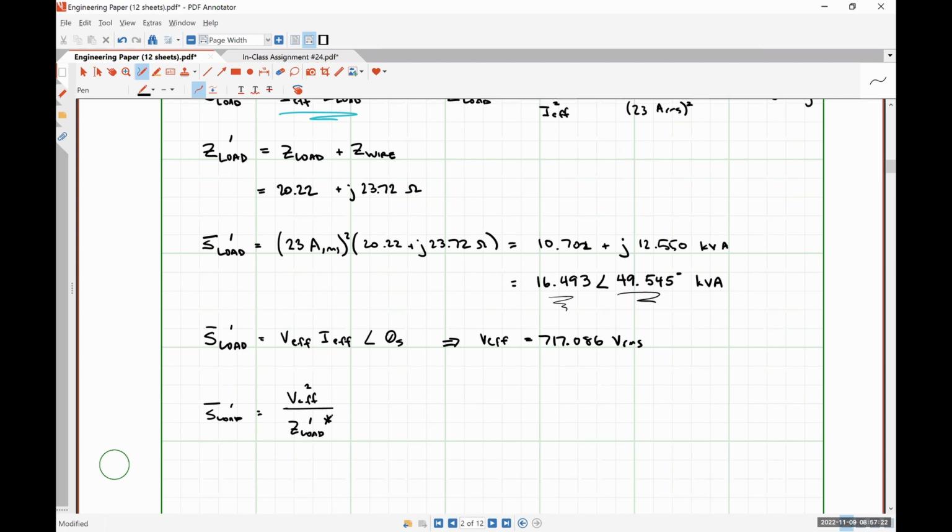If we have S load prime, which I have as 16.493 times 10 to the 3 angle 49.545 degrees multiplied by Z load conjugate, so that would be 20.22 minus 23.72 J.